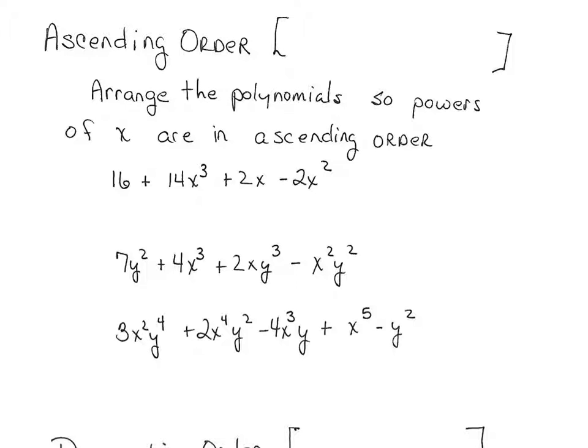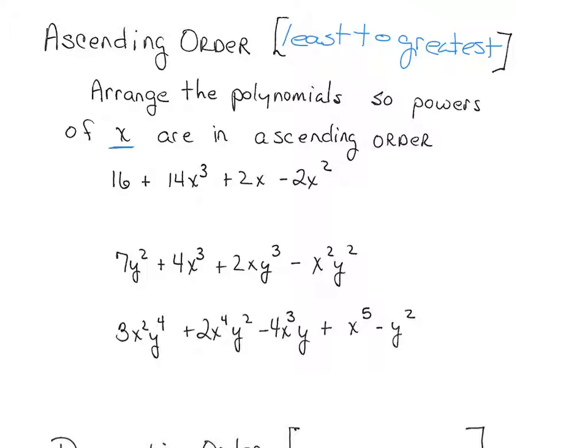Okay. Ascending order. What does it mean if you ascend? Going up. Going from the least to the greatest. Okay, I want to arrange the polynomials so powers of x are in ascending order.